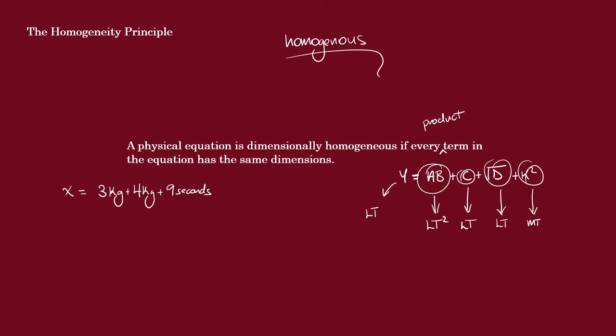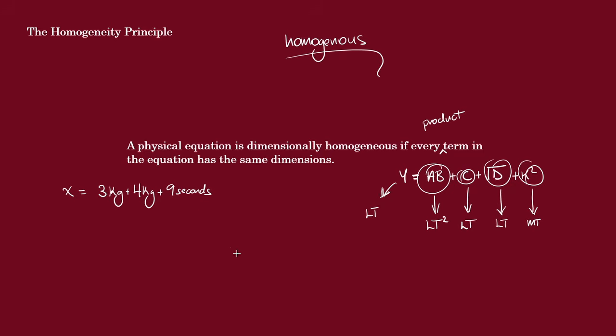This is what you're trying to say equivalently when the homogeneity principle is not satisfied. You're adding things which cannot be added together. It literally makes no sense. So for things to be added together, the dimensions of each of these must be equal and be equal to what it is being equated to.